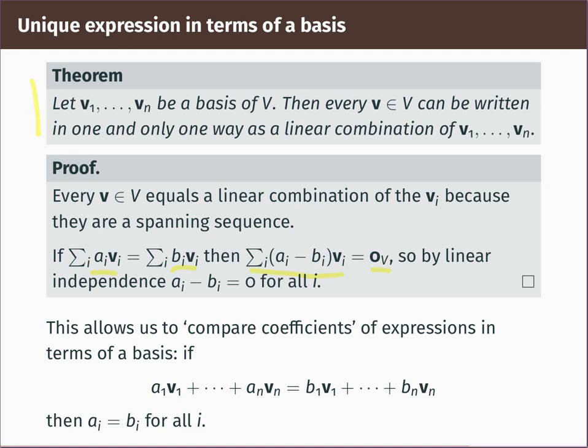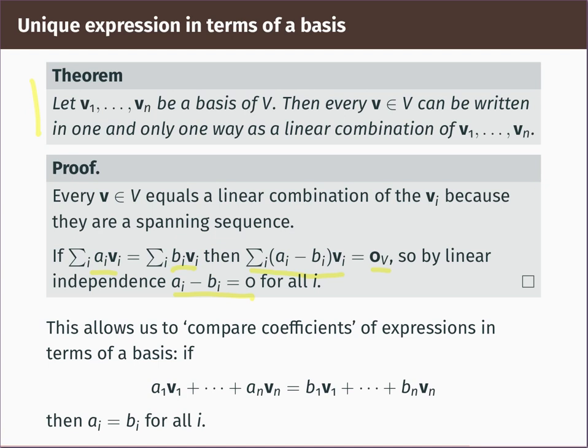The only linear combination of v1 up to vn which is equal to the 0 vector is the linear combination in which all coefficients are 0. So the linear independence of v1 up to vn, which comes from the fact that they're a basis, tells us that all the coefficients in this linear combination are 0, and therefore ai minus bi is equal to 0 for all i. In other words, ai is equal to bi for all i. And that gives us the uniqueness that we claimed.